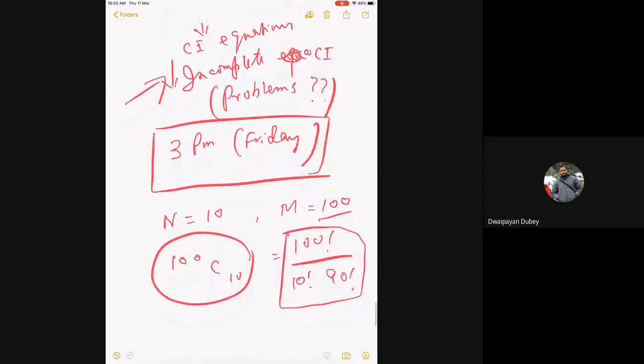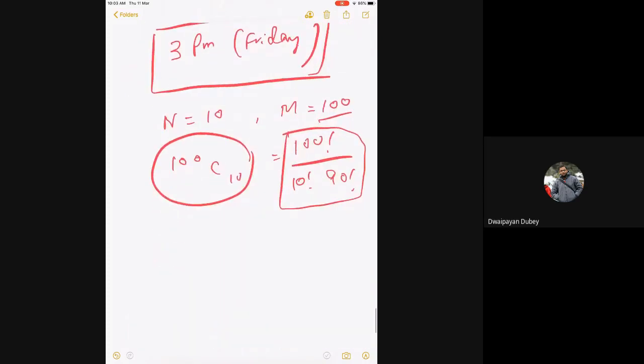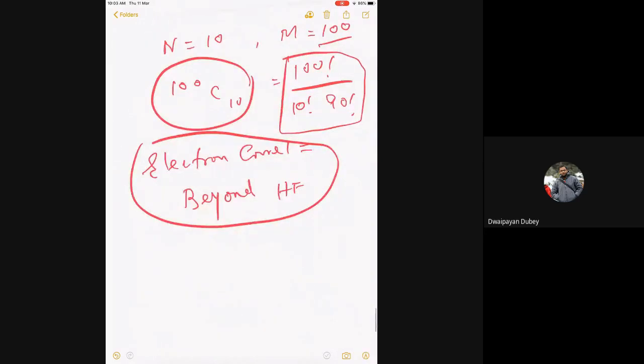All right, so tomorrow we'll see at 3 p.m. So we have basically started electron correlation. Electron correlation theory is basically going beyond Hartree-Fock. After I do CI, I will also discuss certain features of electron correlation.